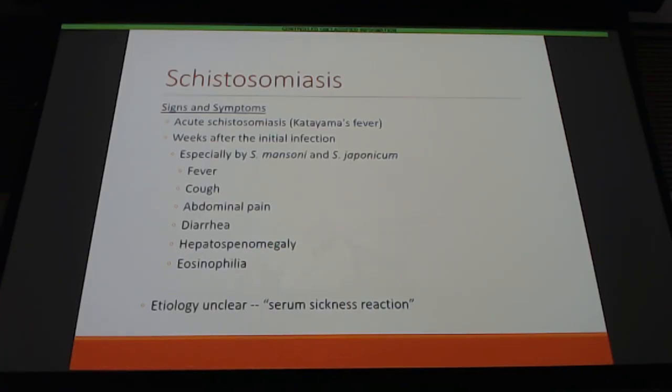Okay, there's your signs: fever, cough, abdominal pain, diarrhea, splenomegaly, okay, which is one of the things that we saw in that last picture there, and eosinophilia. Okay. More so for Mansoni and Japonicum. Just because they're the ones that hang out in the GI tract, right? Not the urinary tract.